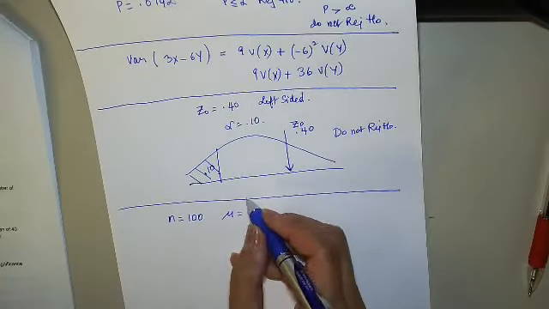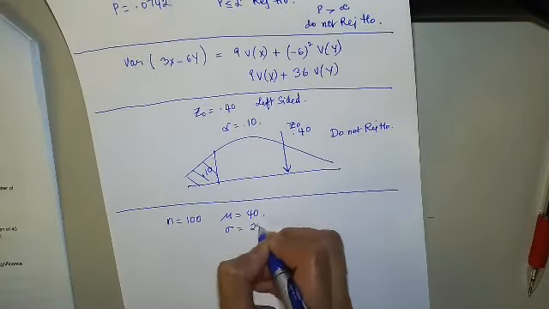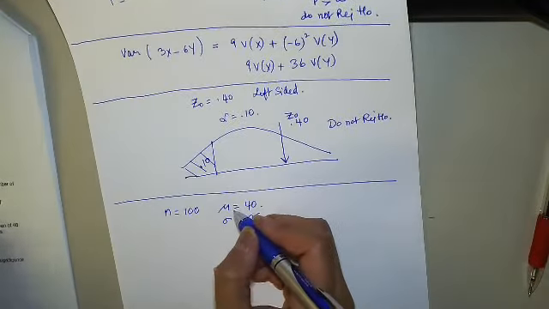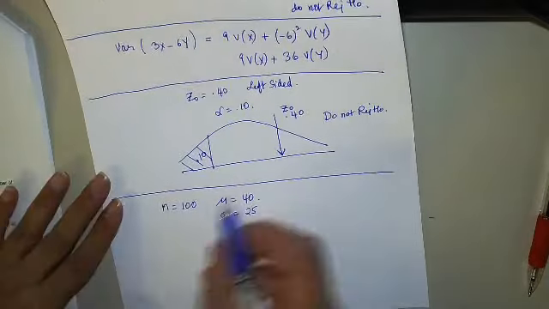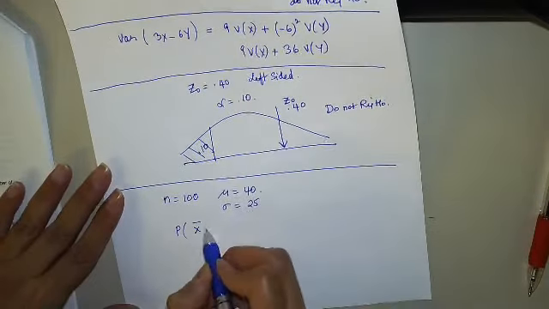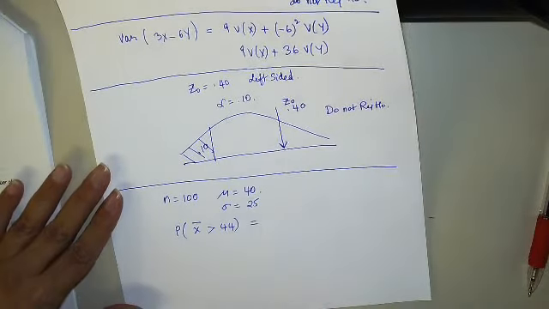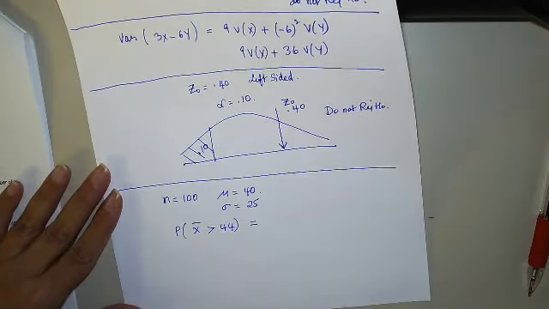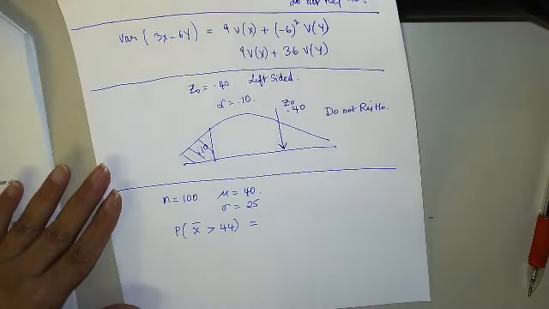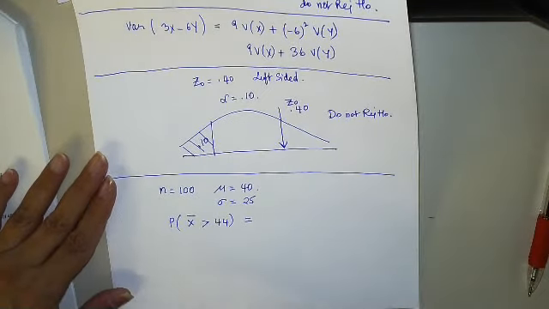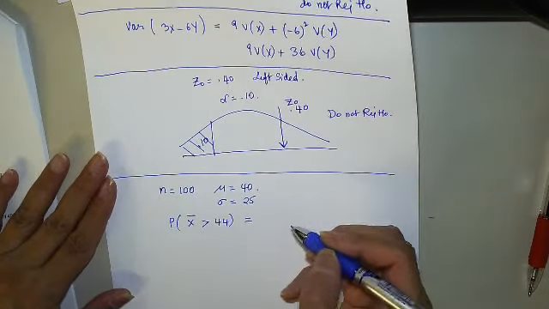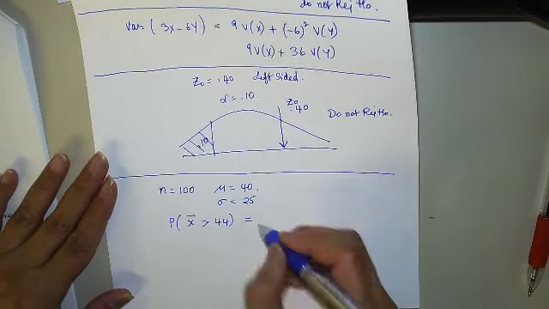Okay, next question. A random sample of 100 observations is to be drawn from a population with a mean of 40 and a standard deviation of 25. Find the probability that x bar exceeds 44. How are you going to do this problem? Wake up.